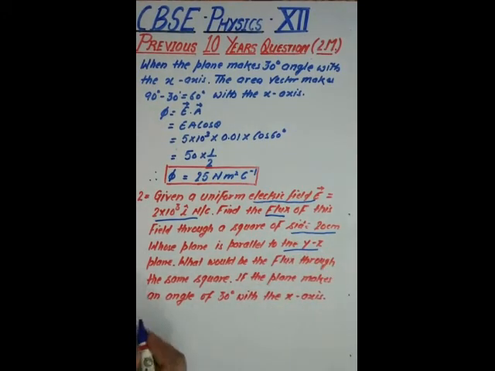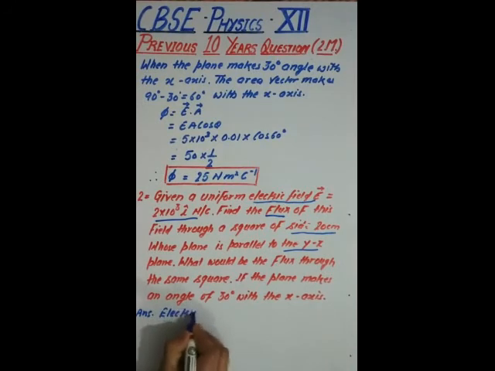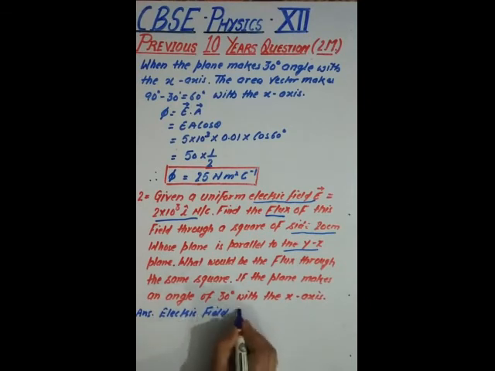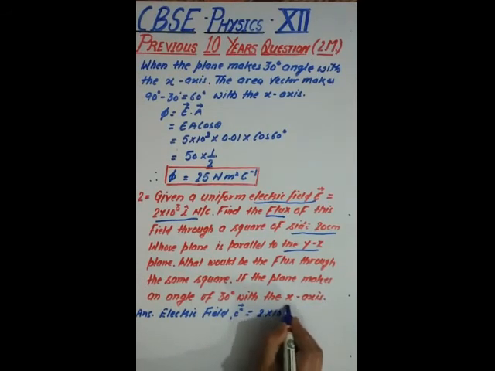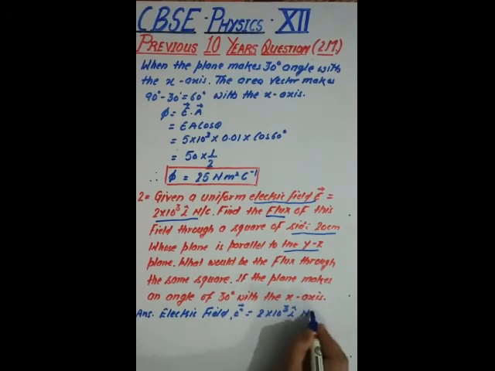So answer of the first part will be: electric field E vector equals 2 into 10 to the power 3 i cap Newton per coulomb.